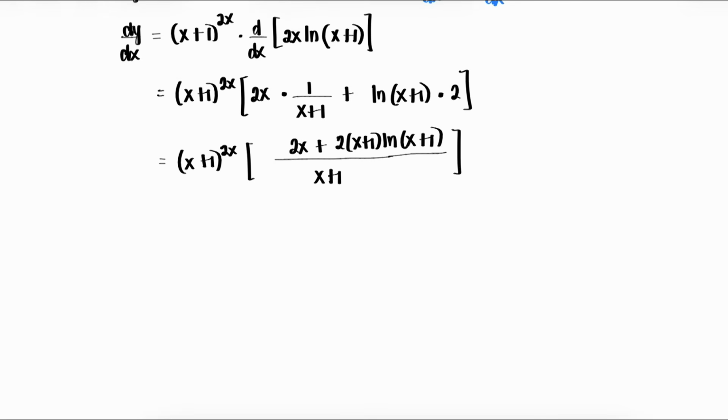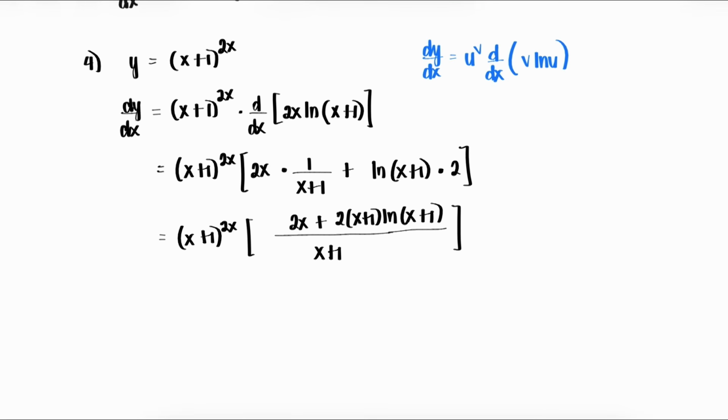So simplifying further, our derivative dy/dx using the laws of exponents is now equal to x plus 1 to the power of 2x minus 1, because they have the same base, so we just subtract the exponent. The exponent of x plus 1 in the denominator is 1.